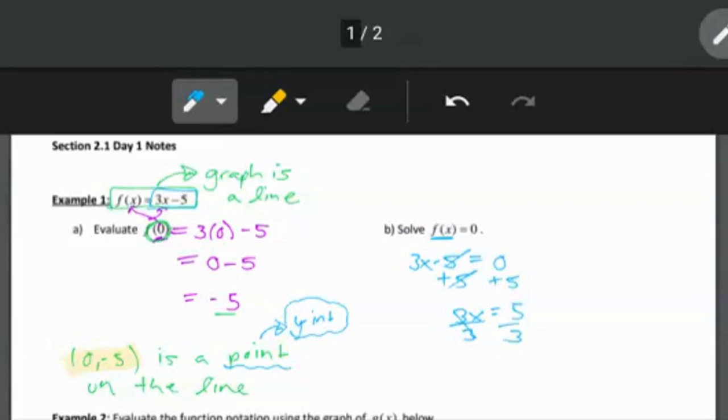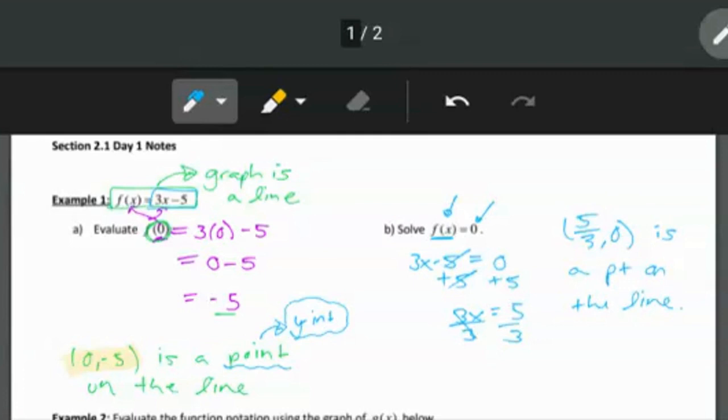Again, we want to know what that means, all right? That means if you plug in an x value of 5/3, you get out a 0. Or in other words, 5/3, 0 is a point on the line. All right, and let's think about, it's a special point.